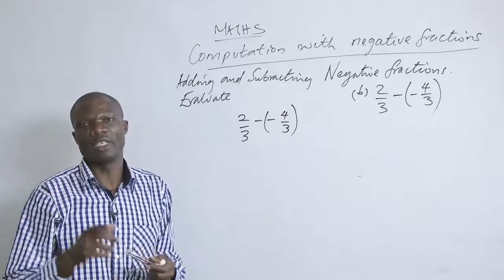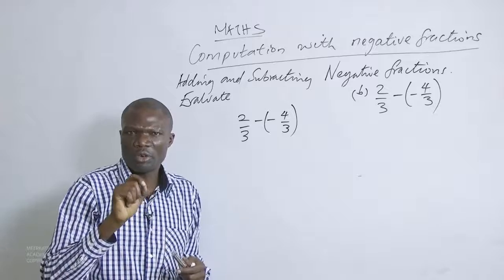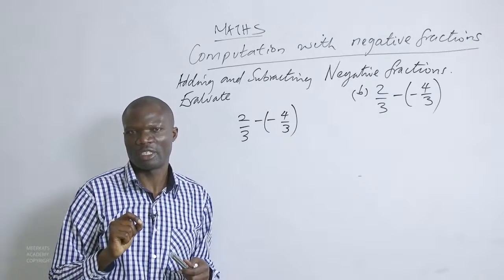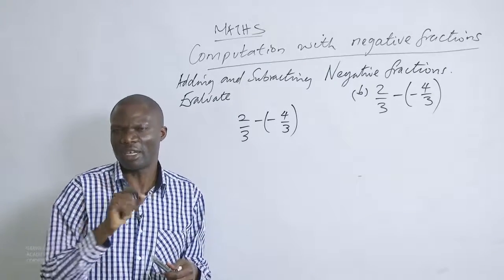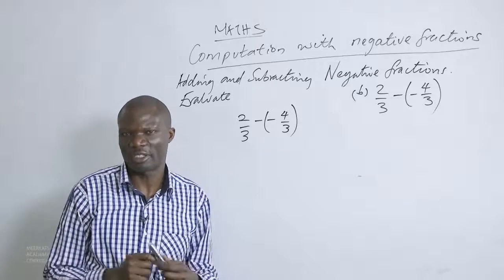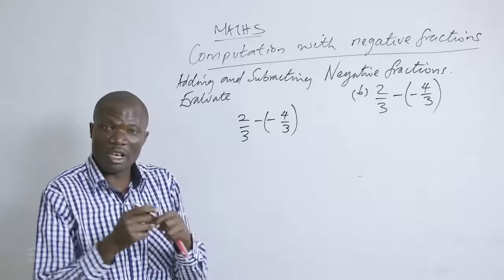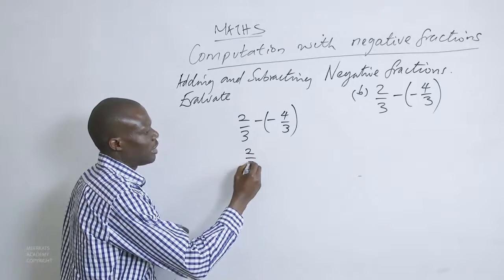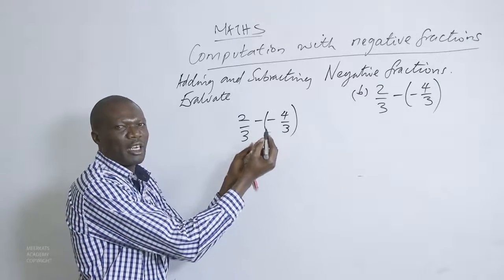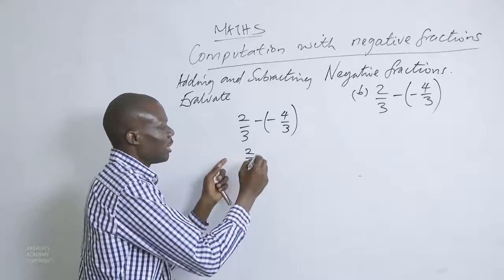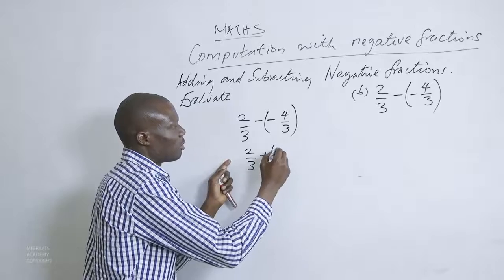The rule said very clearly that when you are subtracting a negative fraction, it is the same as adding its opposite. If we are to rewrite using the same statement, we shall say 2 over 3, we are subtracting a negative fraction. It is the same as adding its opposite.